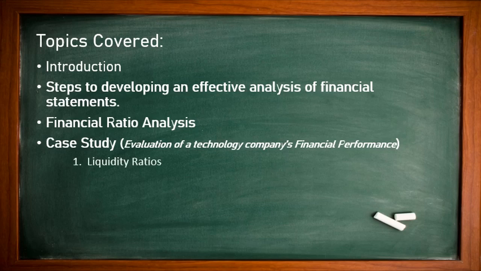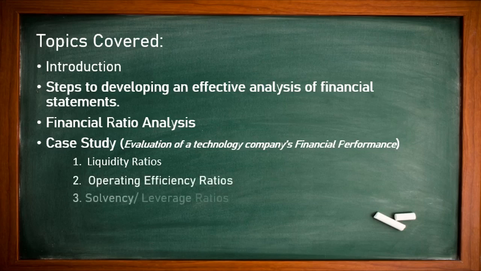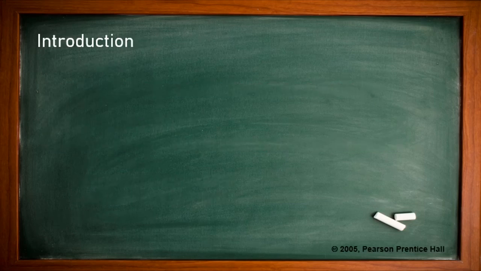In the evaluation, we'll go through liquidity ratios, operating efficiency ratios, and solvency and leverage ratios. At the end of the chapter, we'll discuss DuPont analysis, where we calculate return on equity, meaning return on shareholders' investment. Let's start with the introduction.